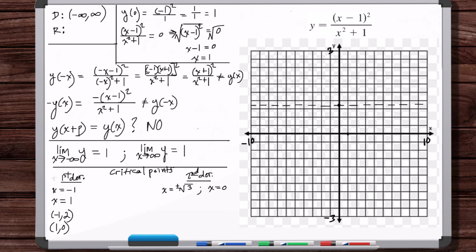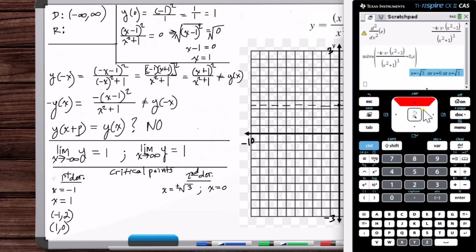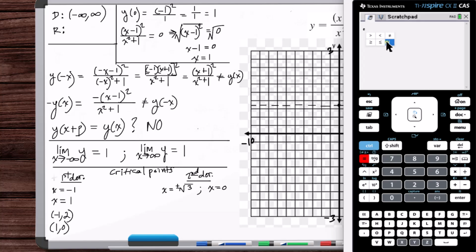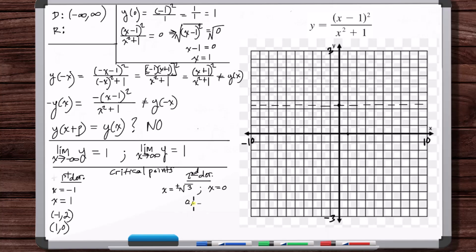All right, so now let's get the function values. With x equal to 0, y is 1, so (0, 1). Now we've got root 3 and minus root 3.